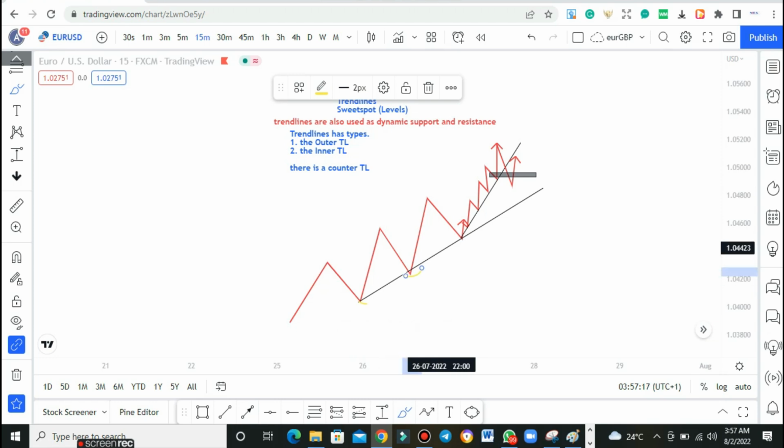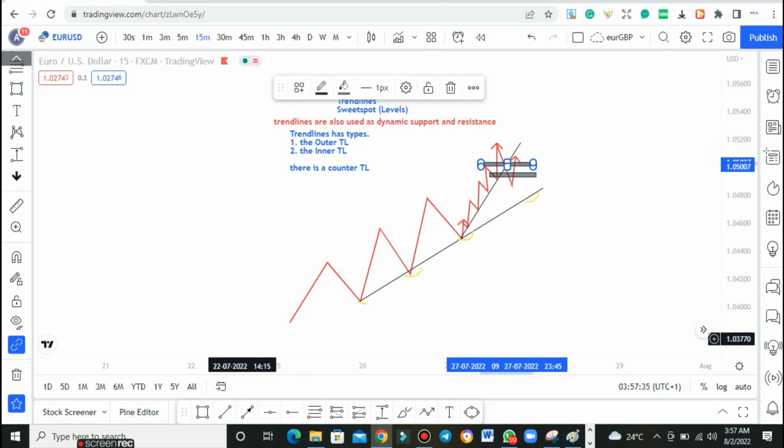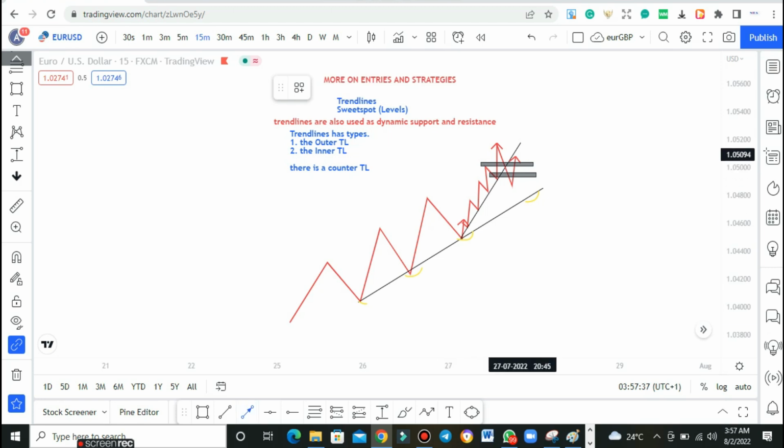Price is maintaining higher highs. We're expecting another one to drop here, but there is an inner trend line here that was broken. So you will see that on the lower time frame. When you see that on a lower time frame, you can actually take a trade down from here. It's a 5 minutes, 1 minute. You can actually take a trade down from that angle into this place.